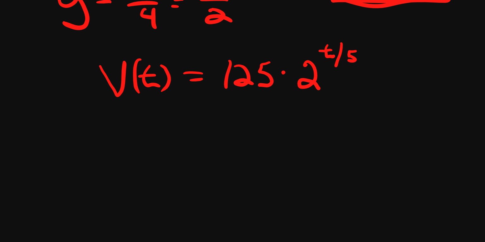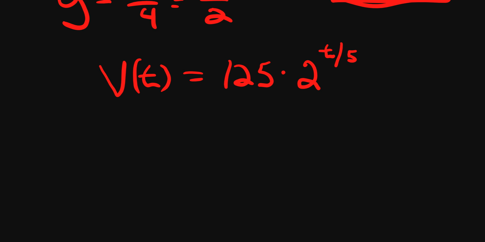So I'm going to replace t with what number here? So let's see, they're saying to find v of 5. Okay, so this becomes v of 5. And I'm going to replace the 5 for the t in this expression. So it's going to be 125 times 2 to the 5 over 5.